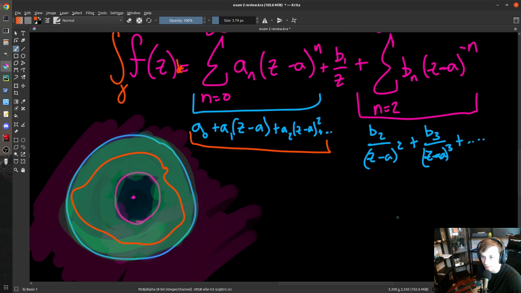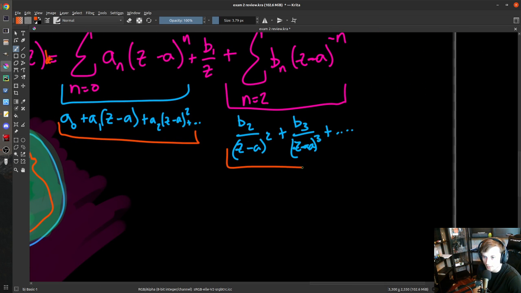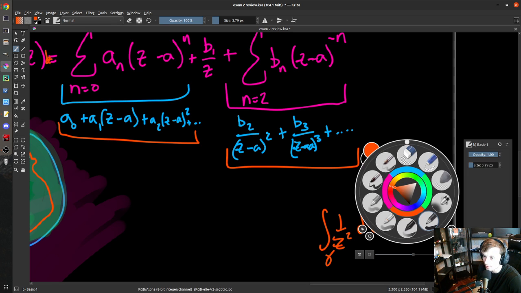They're fine, they're polynomials. All these guys also have antiderivatives, like 1 over z squared. That has a fine antiderivative, like negative 1 over z. That's all good. 1 over z was the issue. It wasn't 1 over z squared. If you integrate 1 over z squared dz on any curve enclosing the origin, you get out 0. That guy's got an antiderivative.